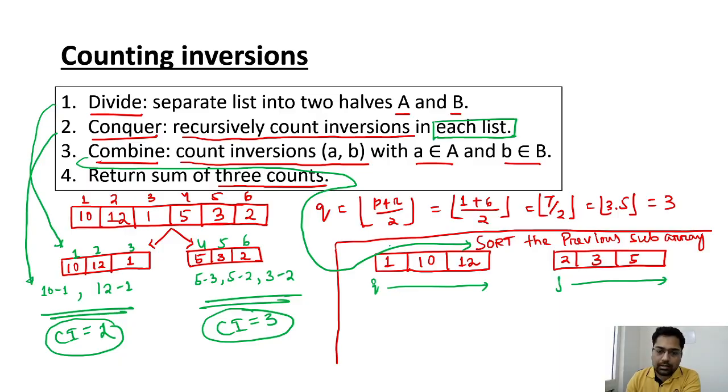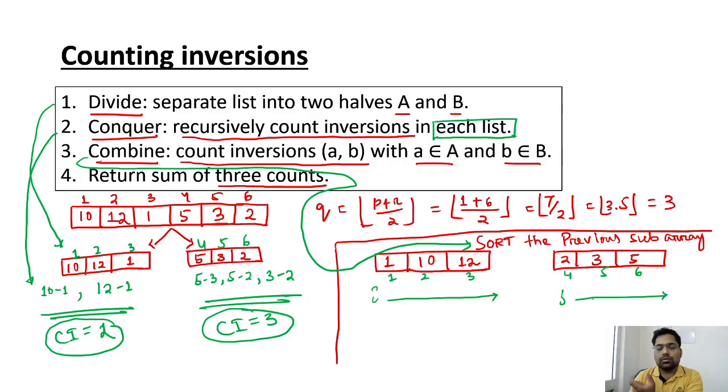Here this is 1, 2, 3, here it is 4, 5 and 6. i starts from 1 to 3 and j starts from 4 to 6. In this case, we try to find whether any inversions are needed or not. Here i is at 1 and j is at 4. Is i less than 4 or not?